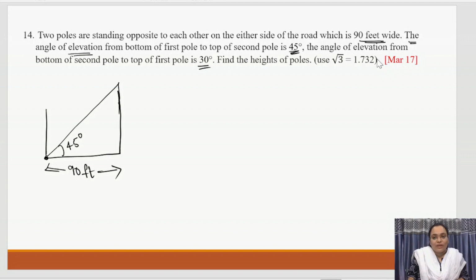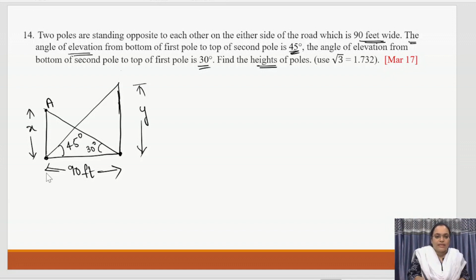The angle of elevation from the bottom of the second pole to the top of the first pole is 30 degrees. Then we need to find the height of the poles. Let us take this as x and this as y, and the points as A, B, C and D.